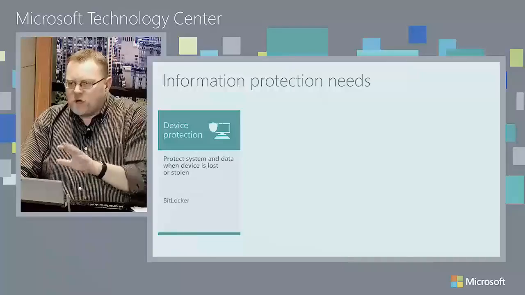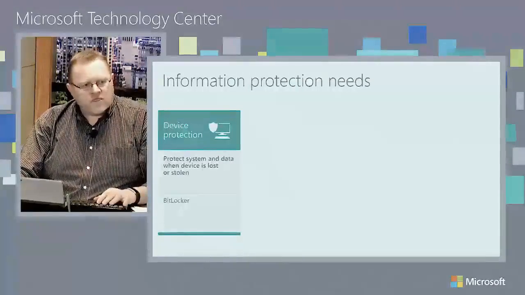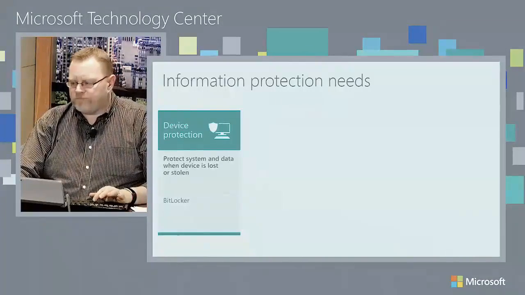When I say secure hardware, what we want to make sure is that we have device protection running here, and that the asset is secured as well. To do that, we use BitLocker protection on the local device. That way I can ensure that if the system is stolen or lost, there's not going to be a compromise sitting on top of that.